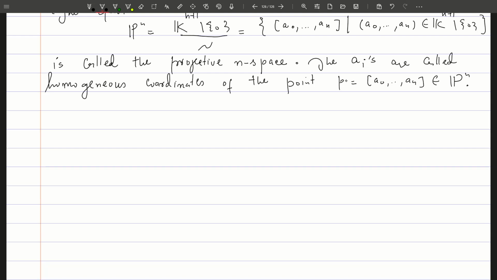For example, let us look at the real projective line, which we denote by P^1_R.